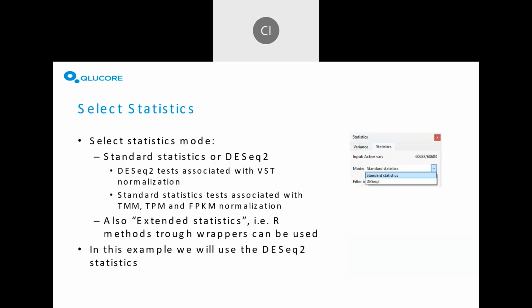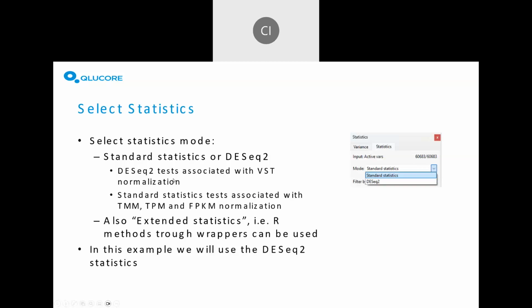If we look at statistics, well, there are several different types of statistics. We call it statistics mode. Standard statistics, where you have, for instance, ANOVA, t-test, regression tests, etc. And then there is now, as of 3.10, also DSEQ2 test. And in those cases, you traditionally work with VST normalization.